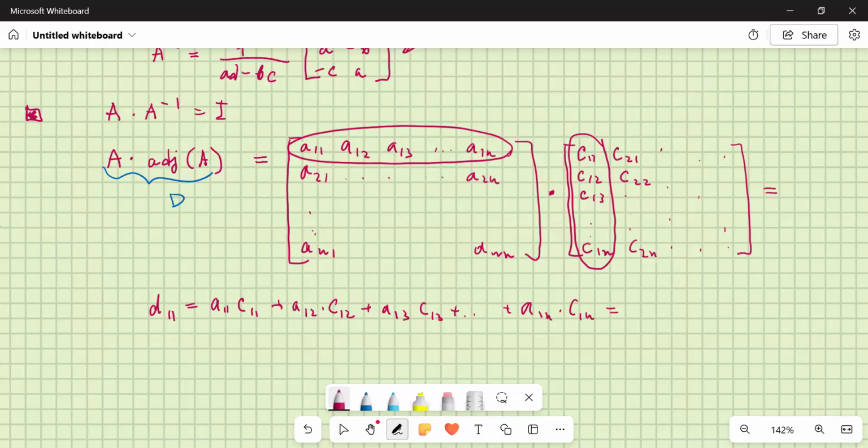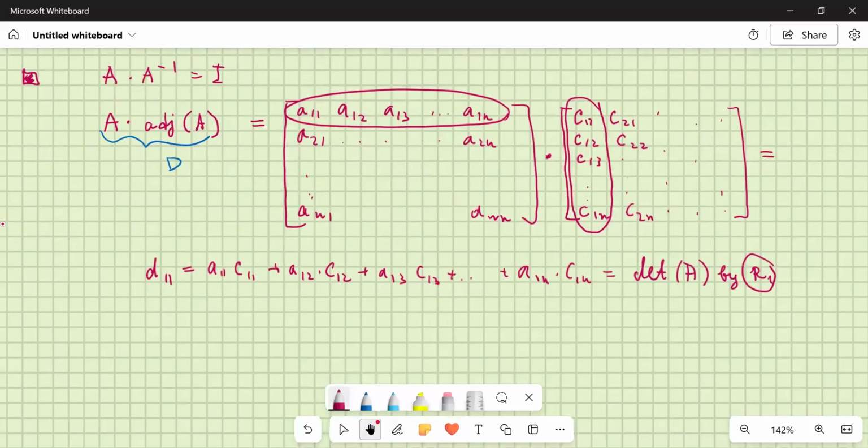And you guys probably see that's nothing else than the formula for the determinant if you expand it by the first row. So this is the determinant of matrix A expanded by row number 1. So if you do it, that's going to be exactly the determinant. Kind of good, right?